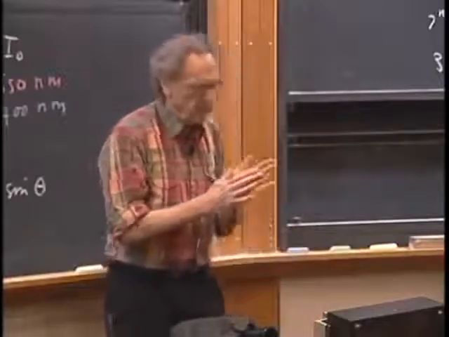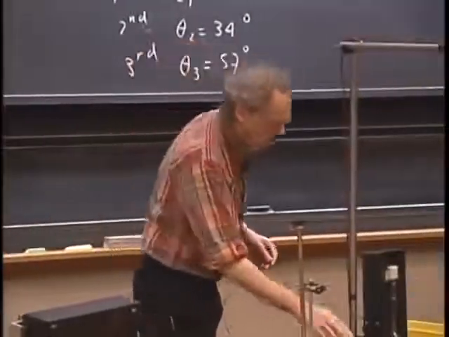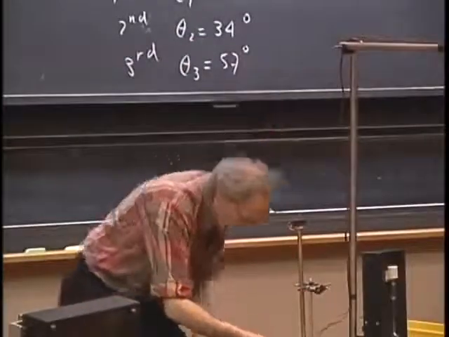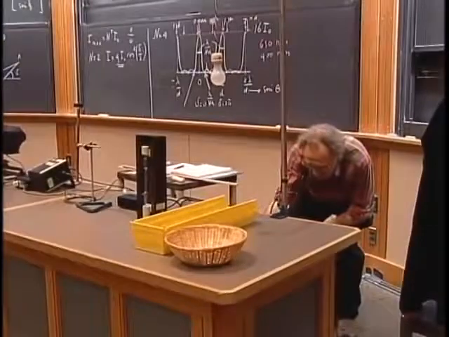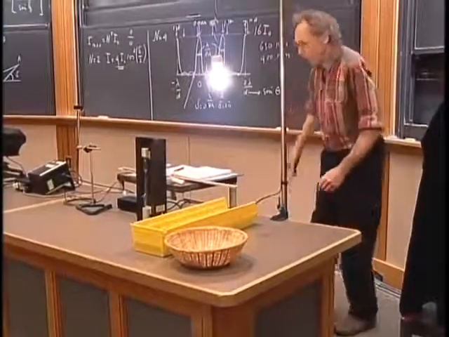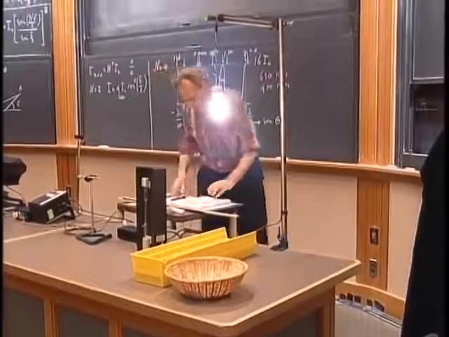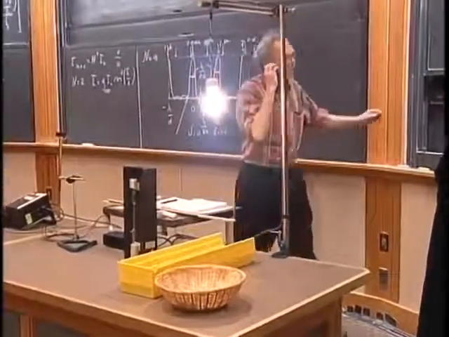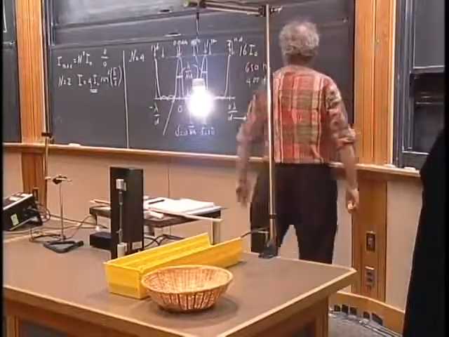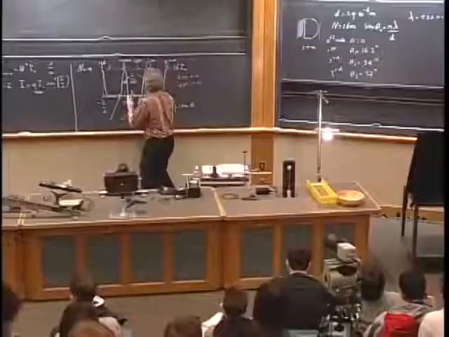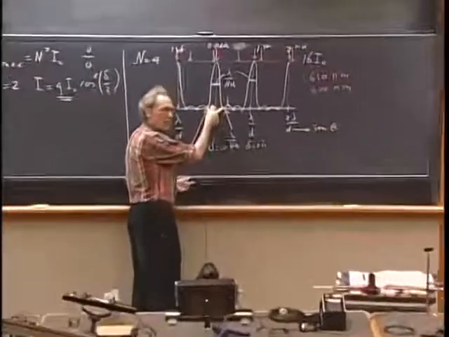Now I want you to get your gratings out, and I want you to look simply at a desktop lamp. And the reason why I want you to do that is that I want you to be disappointed, because you may not see what you erroneously expected, that the zero order is incredibly narrow.